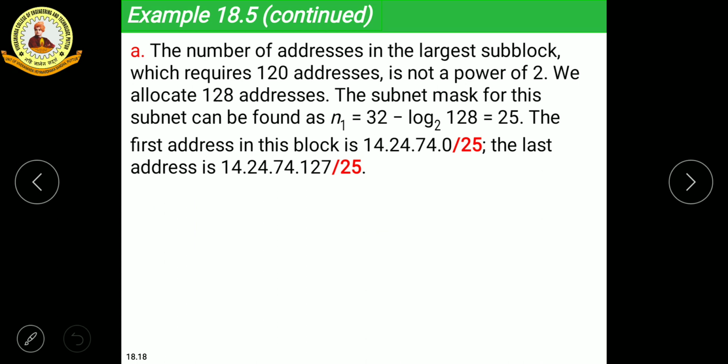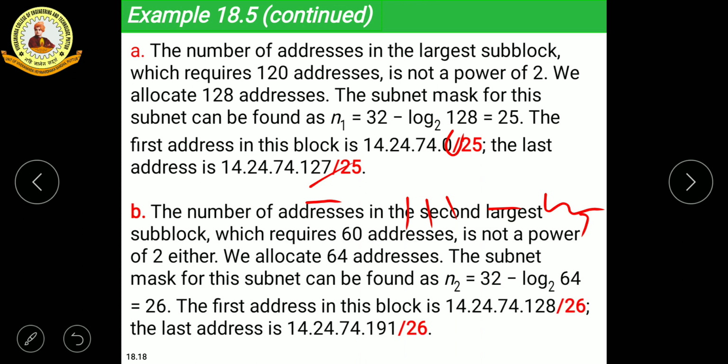So the first address in this block will be 14.24.74.0/25. So 25 bits are taken here, only 7 bits are suffix bits. If you make all zeros, that will be the starting address. If you make the last 7 bits 1, it leads to 127. So that is the last IP address.